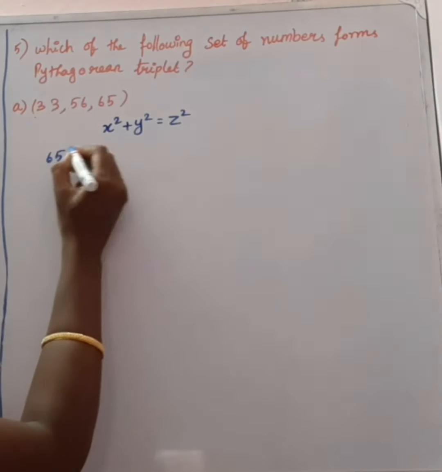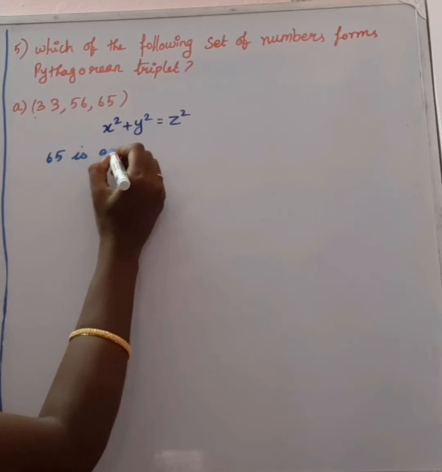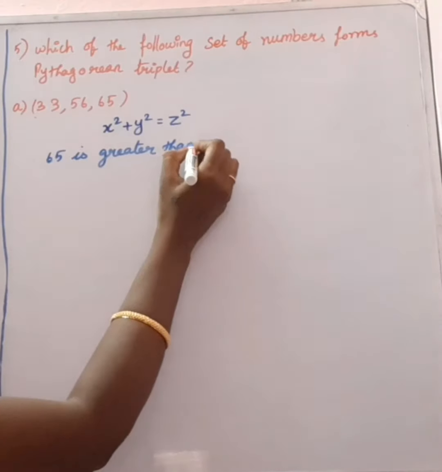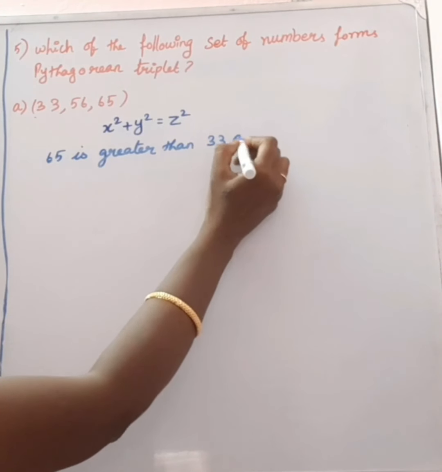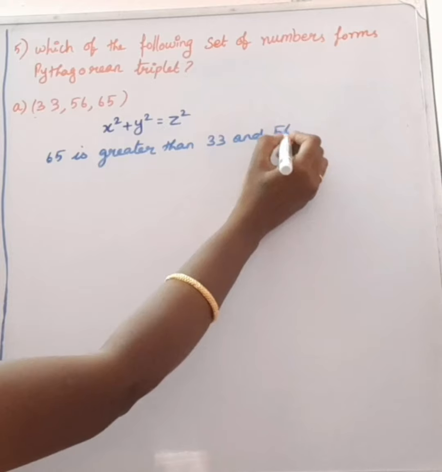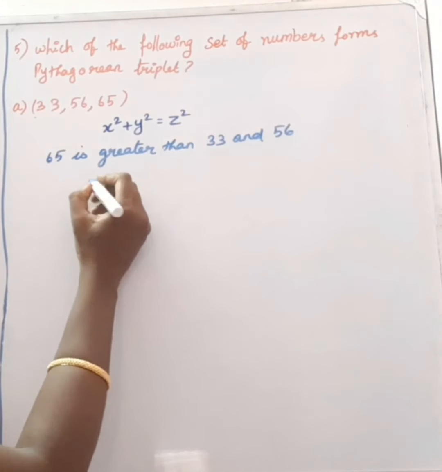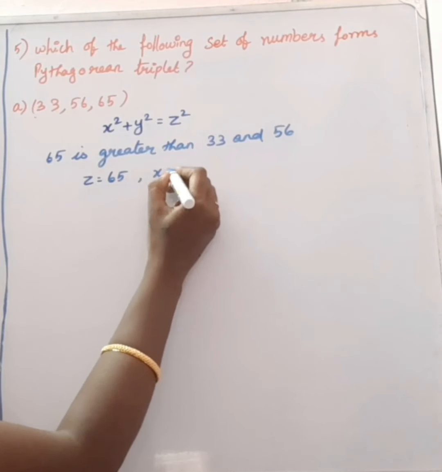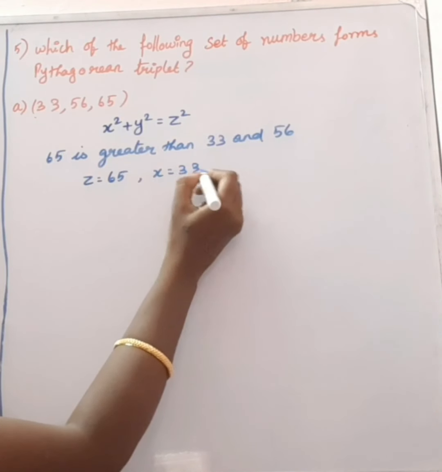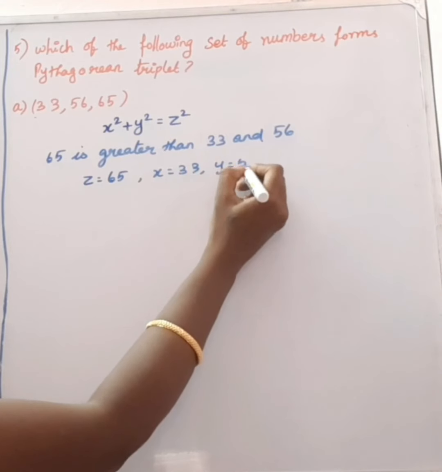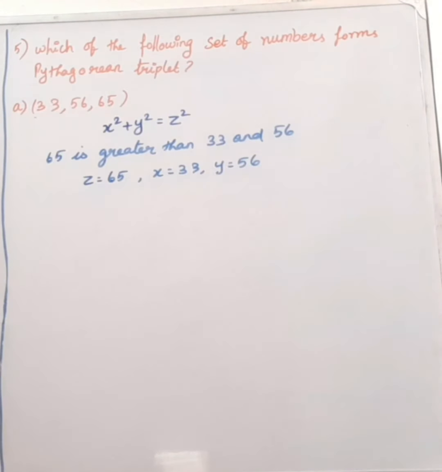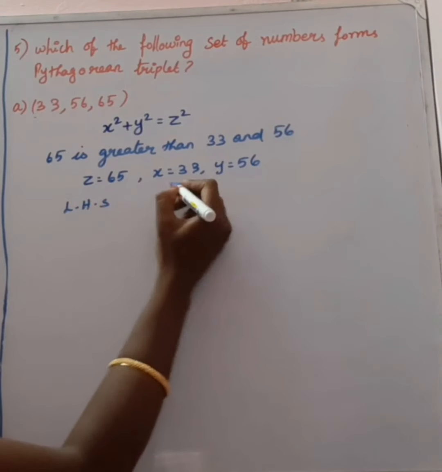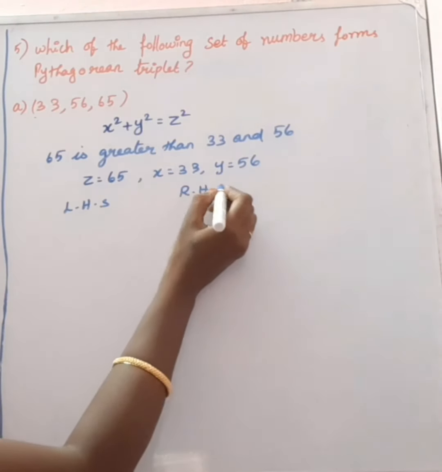So 65 is greater than 33 and 56. So which comes in the z place? z is equal to 65, x equal to 33, y equal to 56. Okay, so apply it. LHS and RHS.